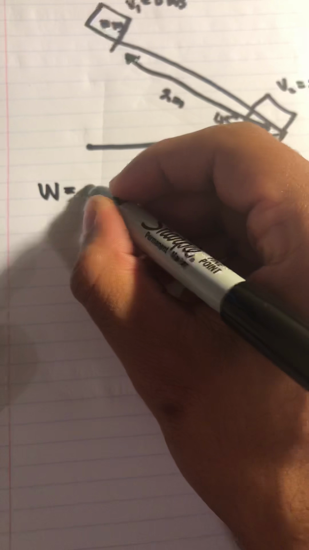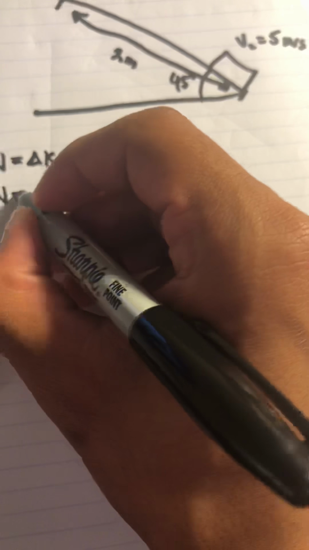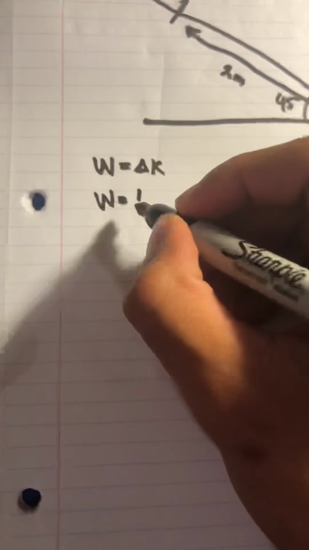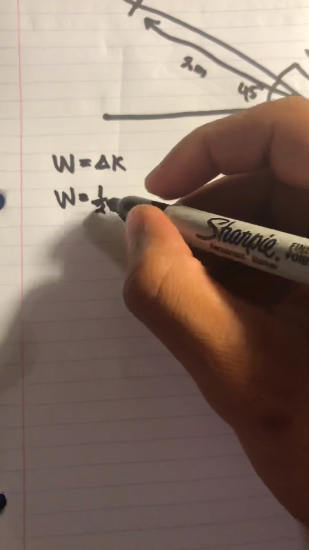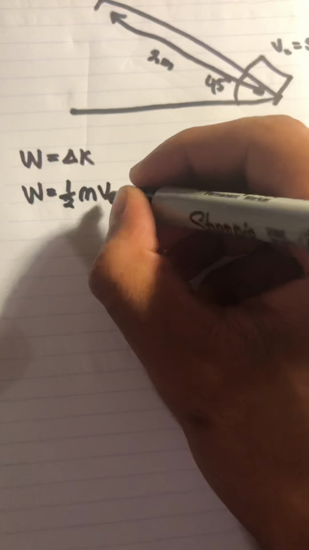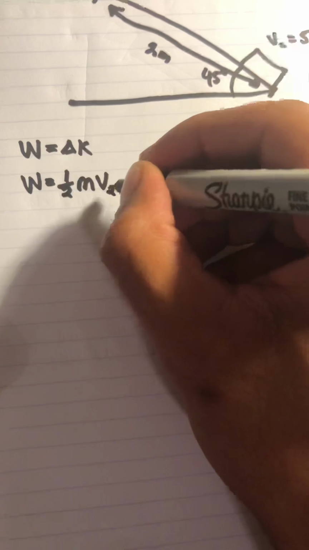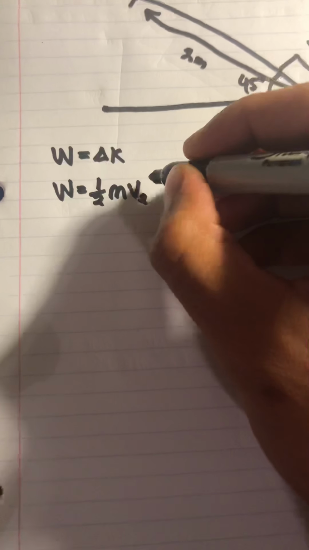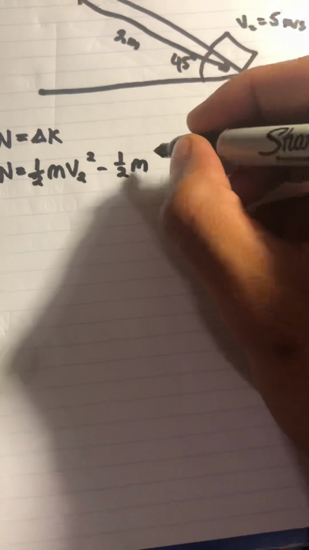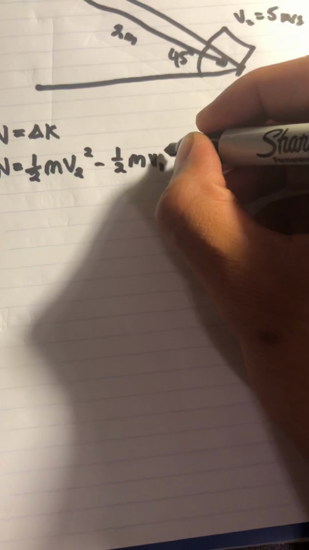Work equals the change in kinetic energy, which also equals 1/2 mass times final velocity squared, minus 1/2 mass times initial velocity squared.